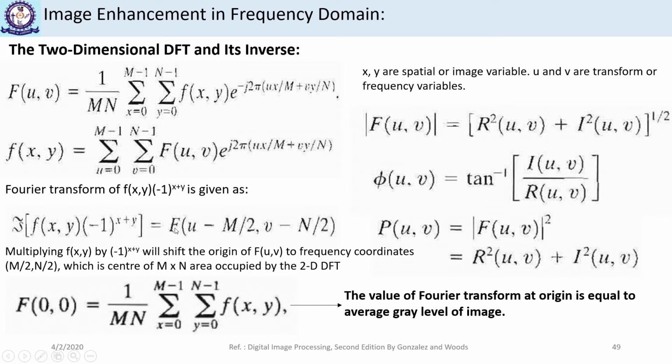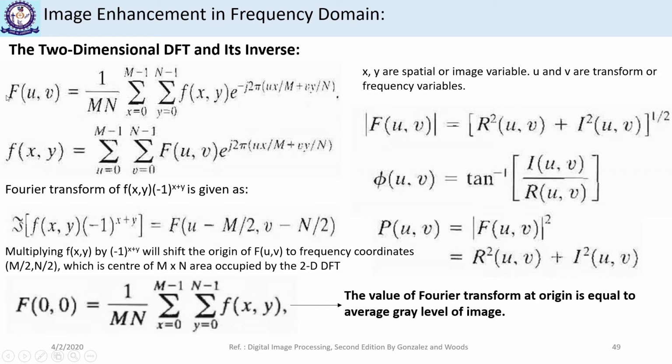The image is m cross n, so F(u,v) also will be m cross n. It will occupy some area, and the center of that area would be given by the m by 2 and n by 2 coefficients. So the origin of F(u,v) we have shifted to the center of that area. This is what we have achieved by multiplying the original signal by minus 1 raised to the power x plus y.